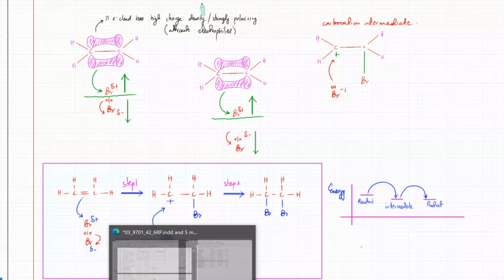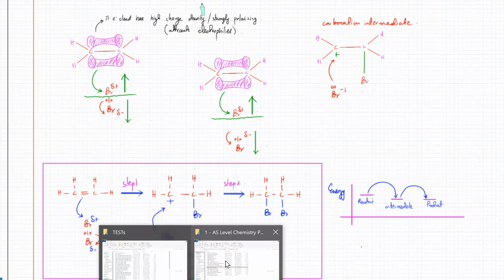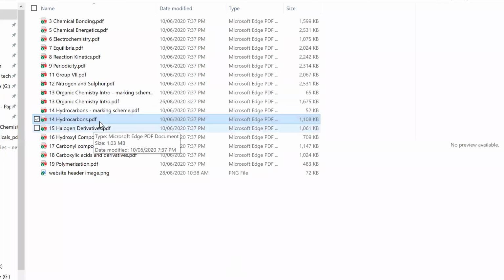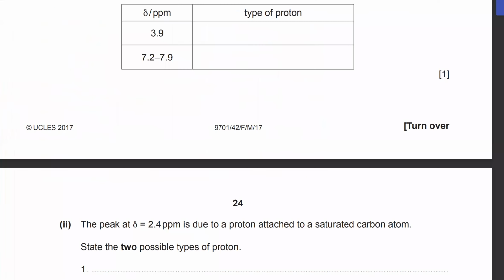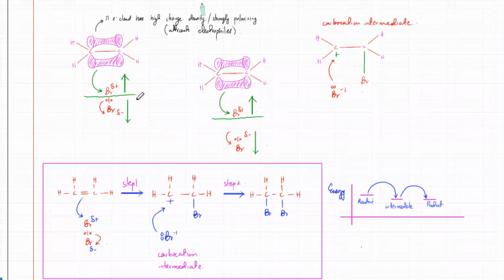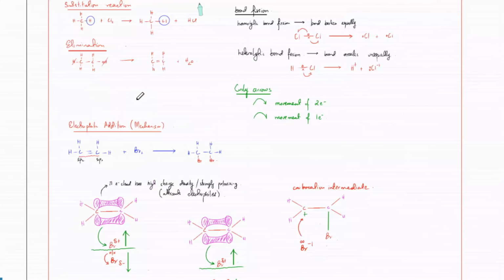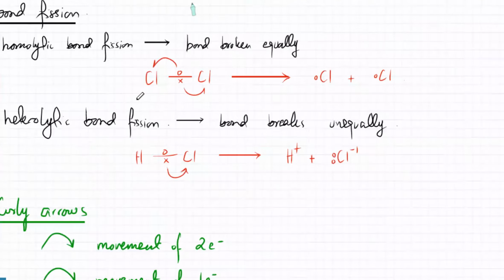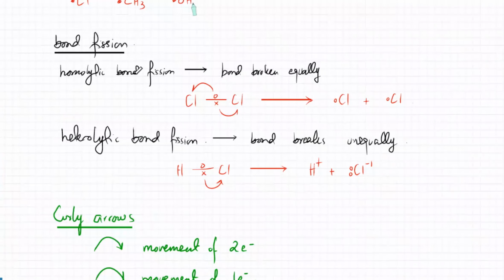So anyways, let's try. Sir? Haji. Sir, will this be heterolytic or homolytic? This is heterolytic bond fission. Okay, heterolytic, yesterday we explained that there are two types of bond fissions. One of them is homolytic, where the bond breaks equally. Equally means that the electrons get divided between the two atoms.